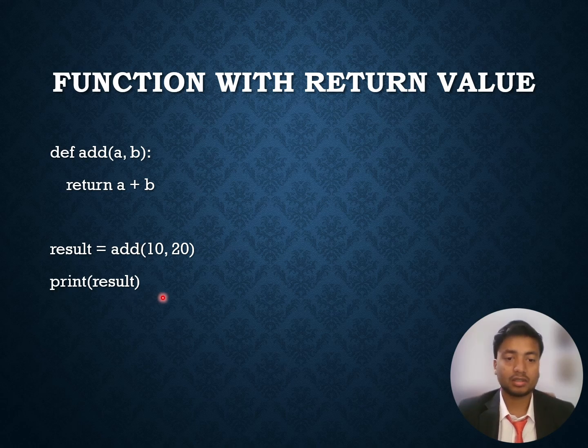Print result, and the output is 30, because a plus b means 10 plus 20 is equal to 30.